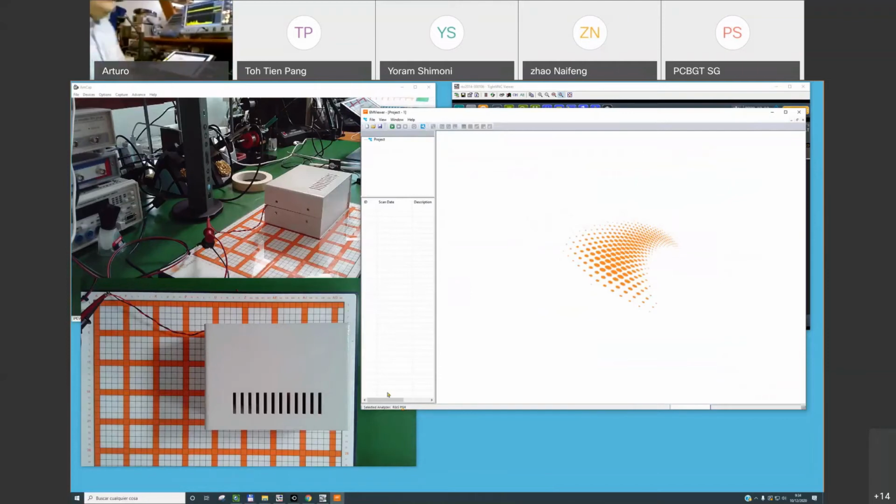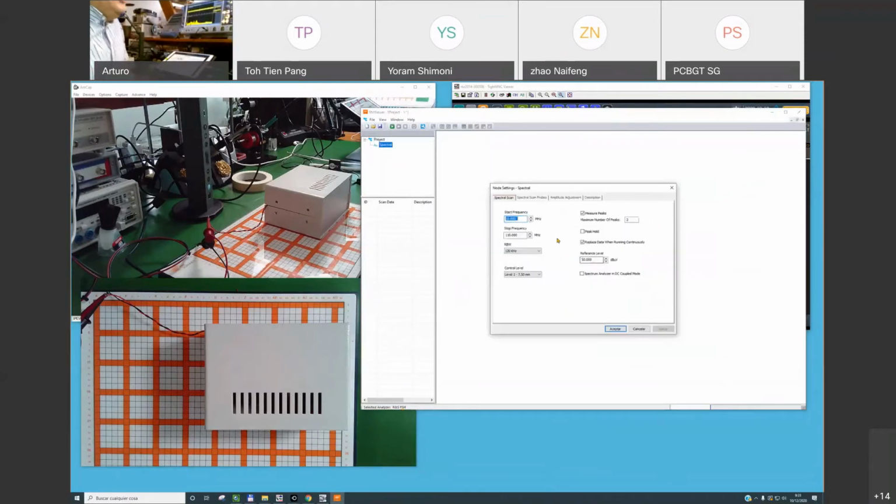Now the first thing to do, for example, is to create a spectral scan. What does a spectral scan mean? I will be scanning the area of the product looking for some specific frequency range. So let's go here to specify the frequency range, for example from 10 megahertz up to 250 megahertz.